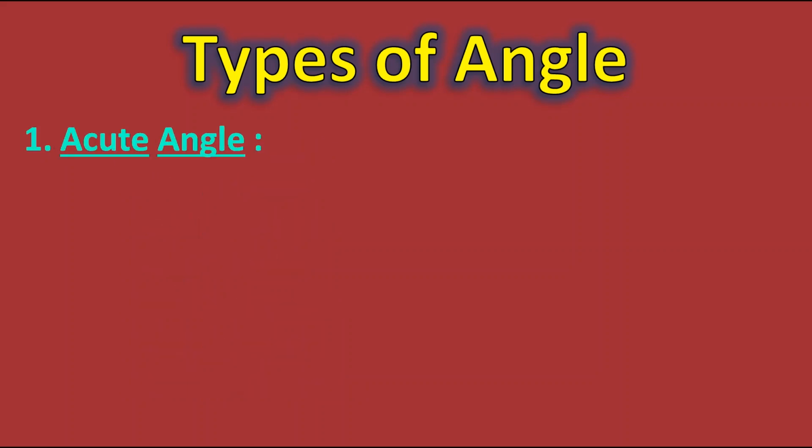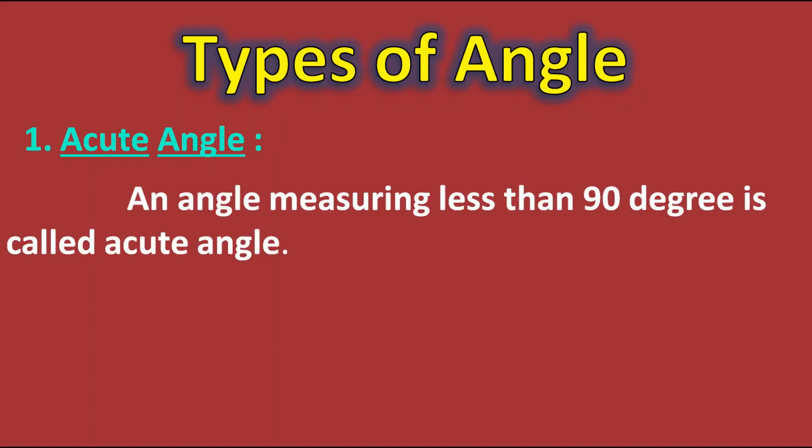The definition of an acute angle is an angle measuring less than 90 degrees. Now see here, this is an angle which is measuring 50 degrees. Therefore, as 50 degrees is less than 90 degrees, this angle is called an acute angle.